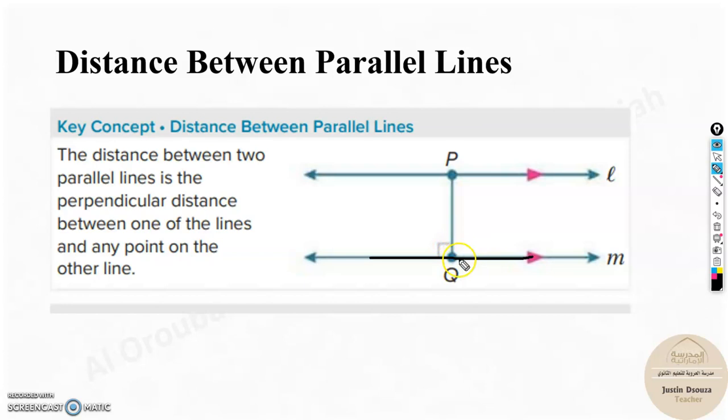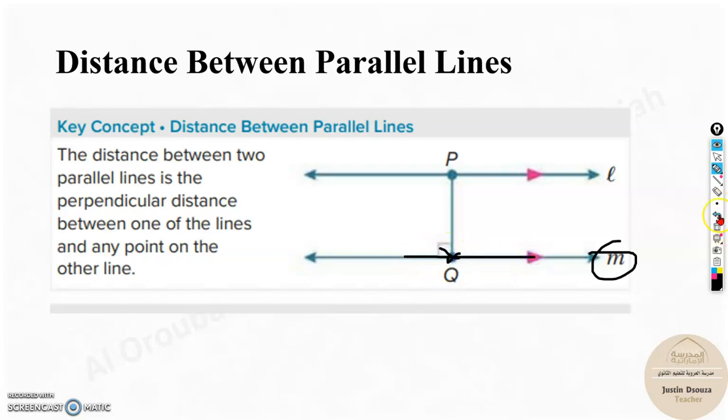You need to find the perpendicular distance from this line to any point in the other line. It must be perpendicular. So what it means is you do not need to find two points of the lines and something like that. No. First, if you choose this line M, find a perpendicular line to this line.